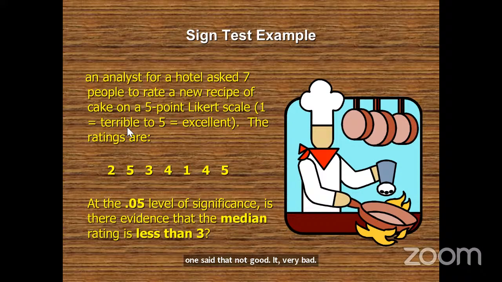Then 2 is not good. Then the next one has given very excellent. Then the next one has given 3. Then the next ones have given 4, 1, 4, and 5.